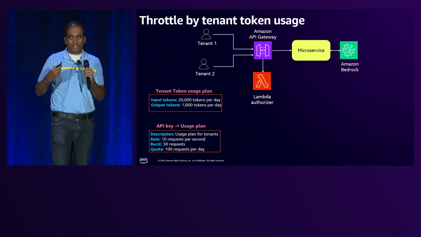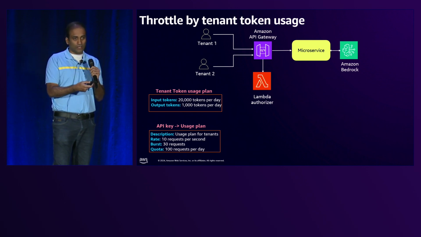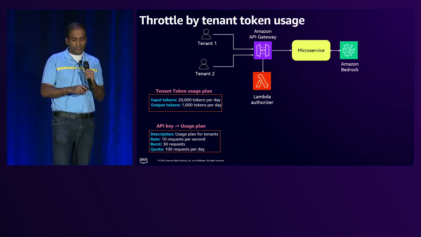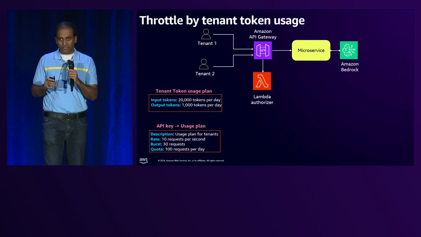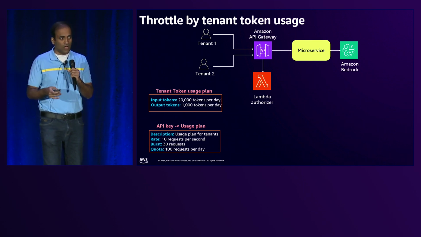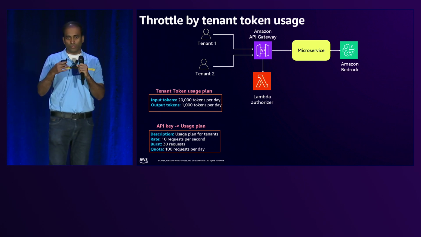Now when you're onboarding a tenant, you would assign this token usage plan, and that information would be captured by your tenant management service, which will reside in your control plane. Now, what you need is a piece of architecture which in real time aggregates the number of input tokens and output tokens generated for each of your tenants. The assumption here is that your architecture is already capturing those metrics.